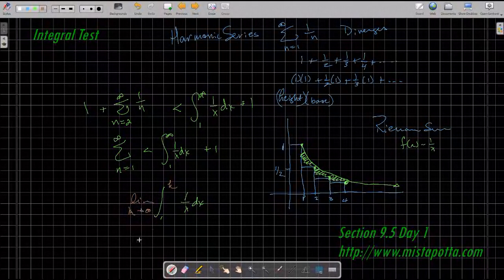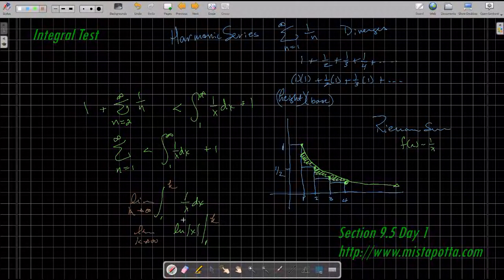increases without bound. Now, I know that the antiderivative of this function is natural log of x, which I'm going to be evaluating from 1 to k as k increases towards infinity.